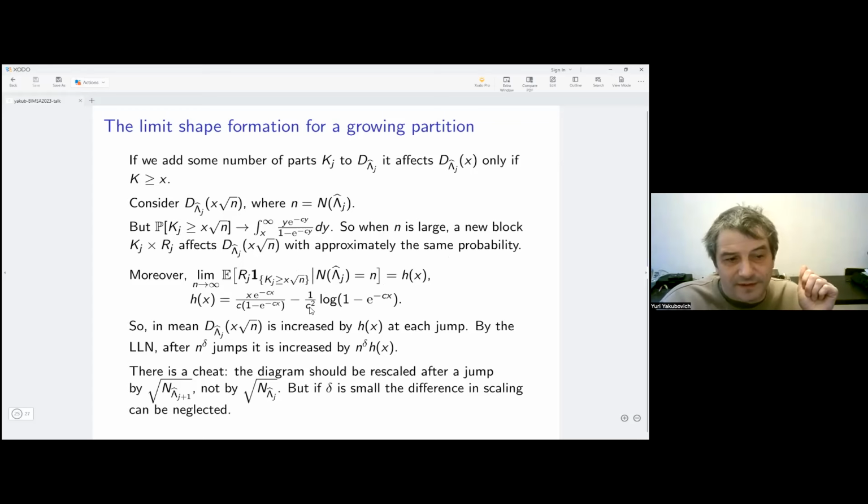So in mean it changes by this, and after we repeat this several times, say n to the power delta times, on average there will be an increase, and after n to the power delta jumps, the increase will be n to the power delta times h of x.